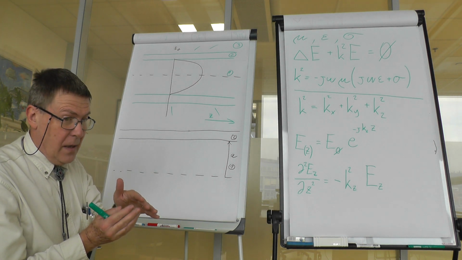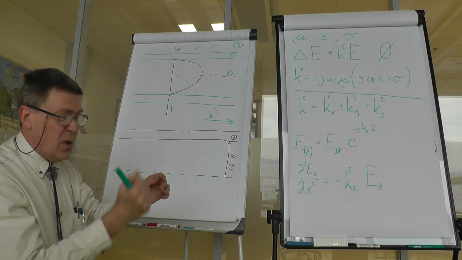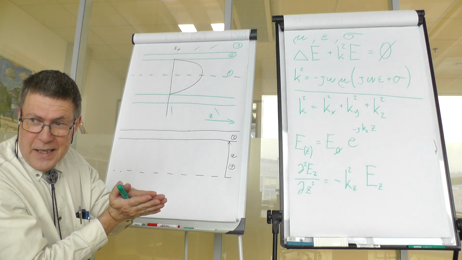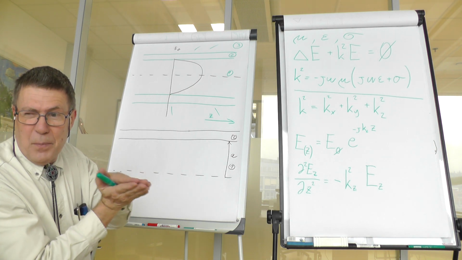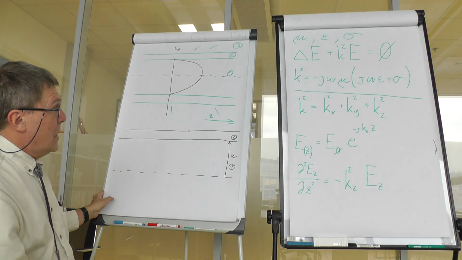Those three solutions should be somehow sewed or glued at the interface so that they provide the same values for tangential components at both sides of the interface. So let's try to do that.